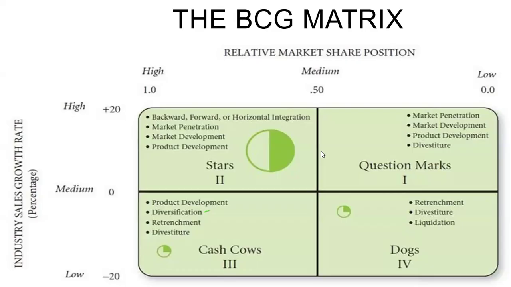When a firm's product or division is characterized as cash cows, what does that imply for the products or division? Who wants to try? The division that brings them most of the cash flows. Right, the division that brings most of the cash flows into the business or into the organization.